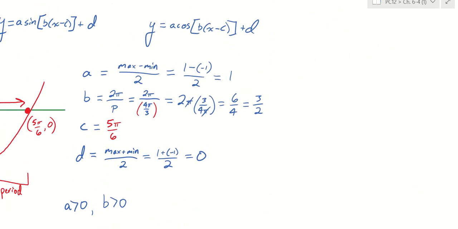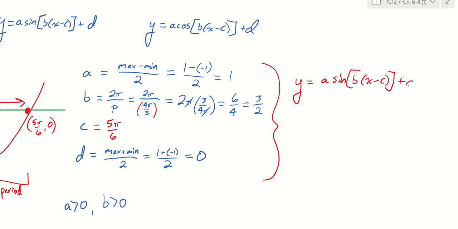So what does that leave us for our equation? Well, we're just going to have y equals a times sine of b times x minus c, plus d. Our a value is 1. Our b value is 3/2.